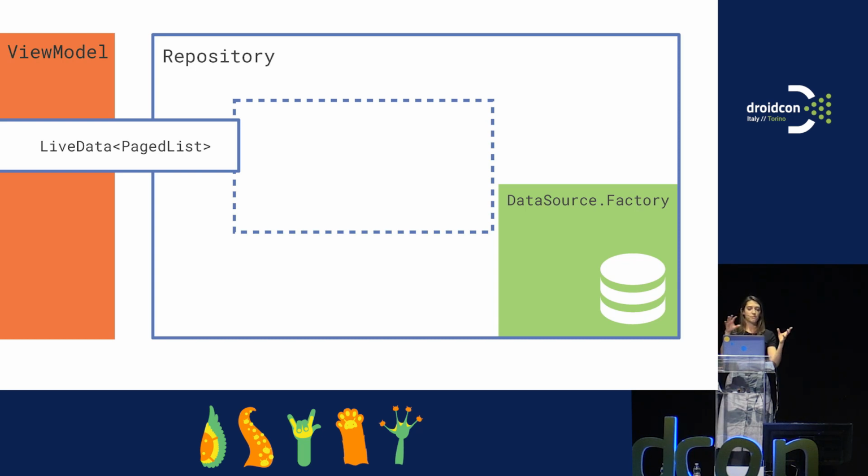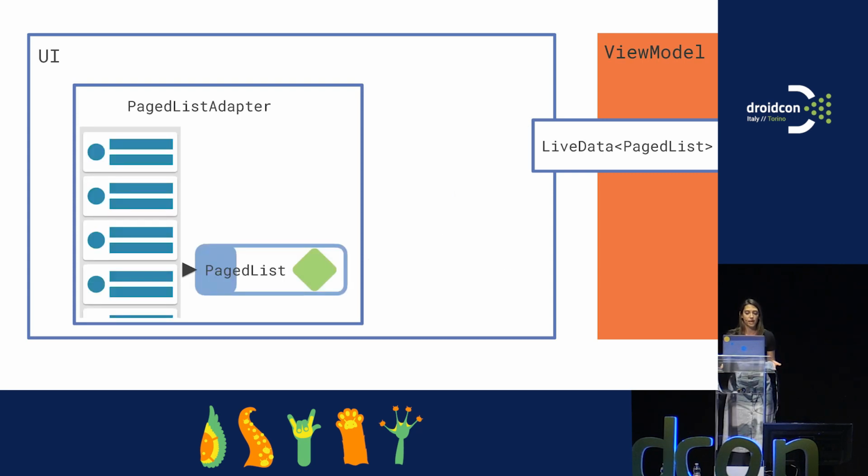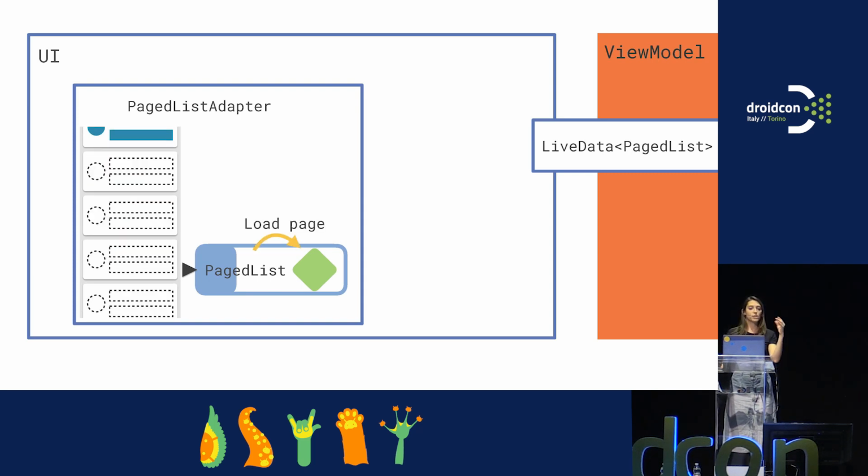This PagedList is then passed via the ViewModel to the UI. In the UI, we're submitting the list to the PagedListAdapter. And then once the PagedListAdapter has a reference to the list, it can display it. As we're scrolling it, let's say that here we have the placeholders enabled. Once we get to items that need to be loaded, the PagedList just requests the data source to load the next page.